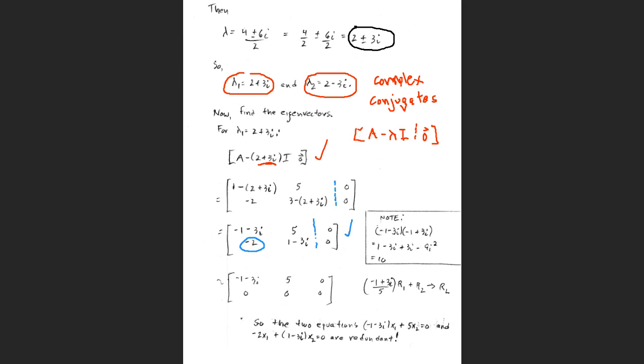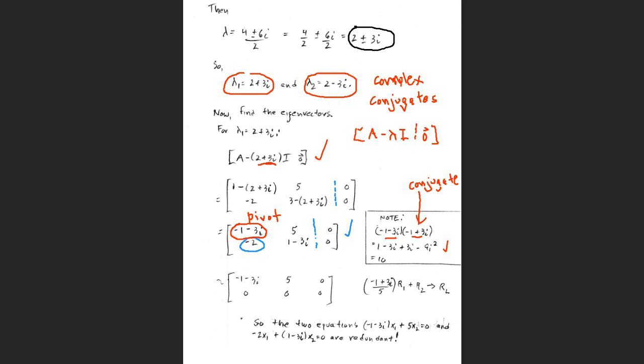So do you remember that you have here -1 minus 3i. That's your pivot. It's a complex pivot. And if we take that and multiply by the conjugate, and FOIL it out, well, you're going to end up getting a real number.